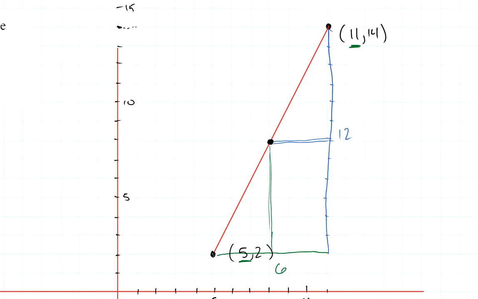Another way to verify that it's the midpoint is to look at these right triangles. I've got this right triangle here and this right triangle here. This is 3 units, that's 3 units. This is 6 units, and this is 6 units.